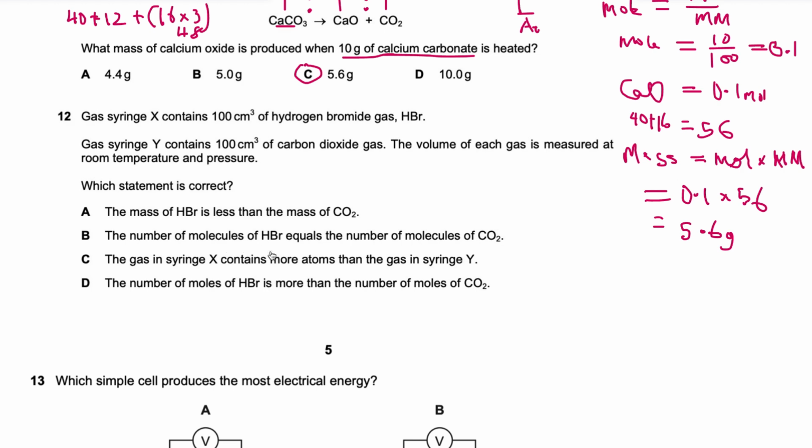The number of molecules of hydrogen bromide is equal to the number of molecules of carbon dioxide. Yeah, right? That looks absolute. The number of molecules will be the same because they have the same volume and same conditions. The gas in series X contains more atoms than the gas in series Y? No, there's no information confirming that.